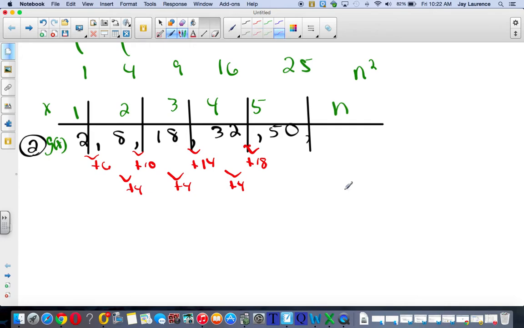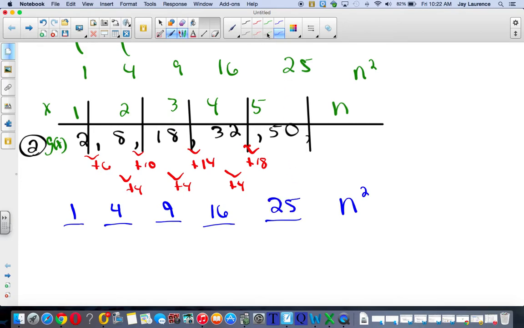Well, let's put these down: 1 squared is 1, and 2 squared is 4, and 3 squared is 9, and 4 squared is 16, and then 5 squared is 25.